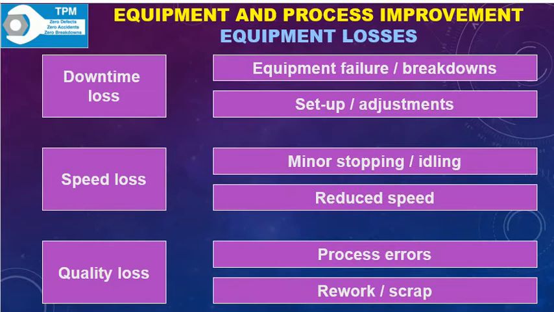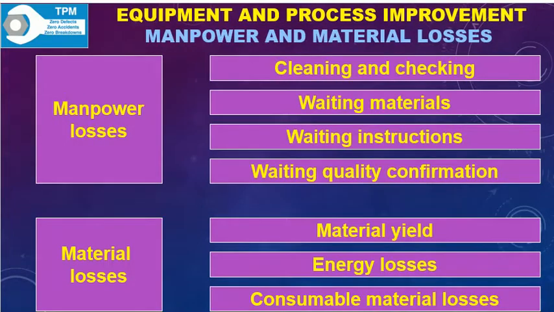You can reduce the speed of production and the performance of the equipment. Next are process errors, rework and scrap. These affect the quality of the component, the product given to the customer. This is the most important, and so the total comes under OEE.